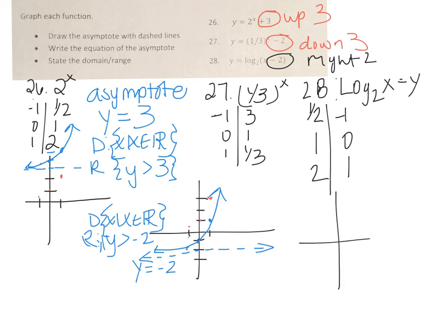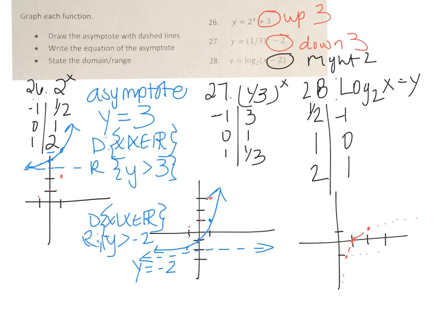So when I graph this one, I have at 1/2, -1, 0, 1, and 1, 0, and 2, 1. And this graph, this is the parent, looks like that. It has a vertical asymptote. All these points are going to move right 2, so we'll do that in blue.